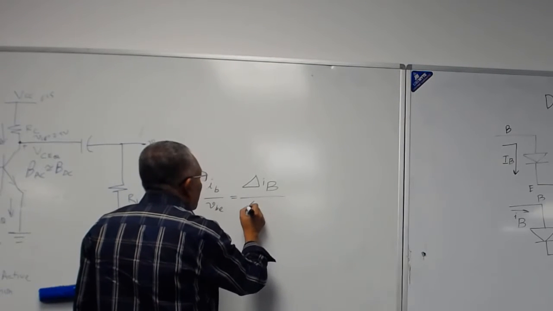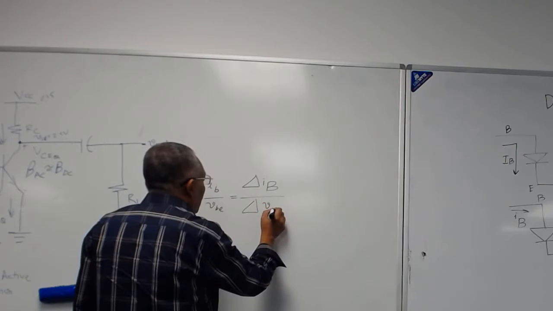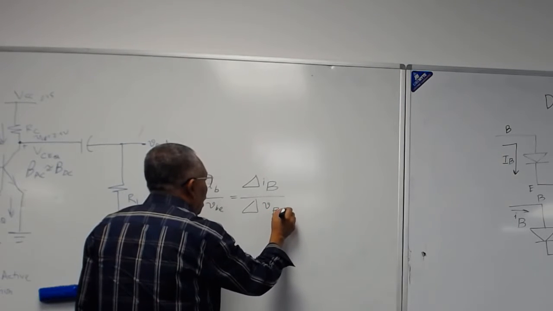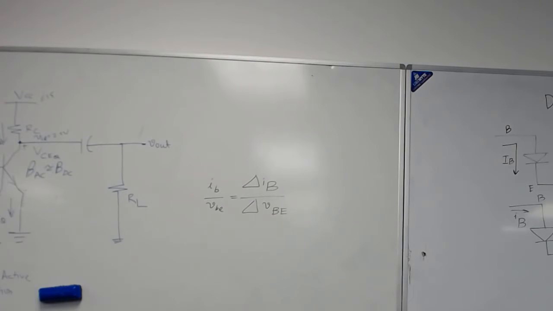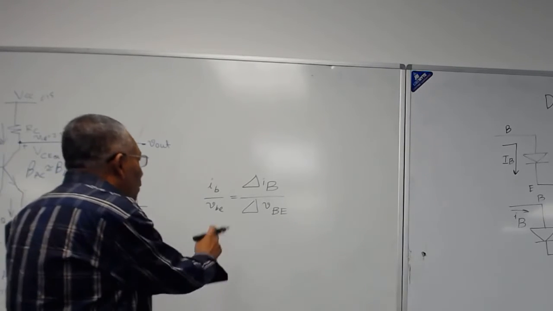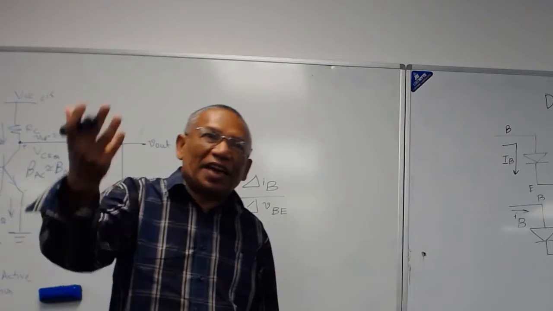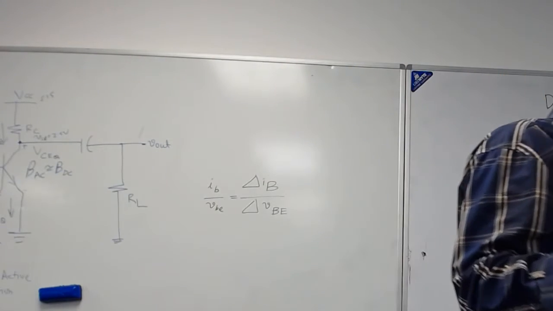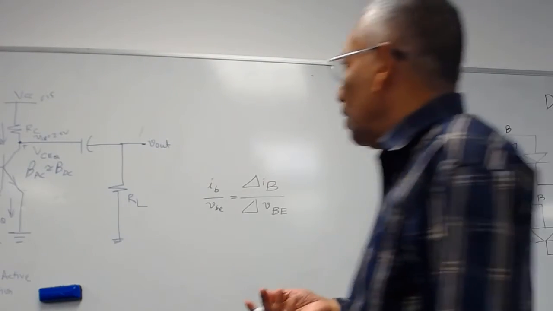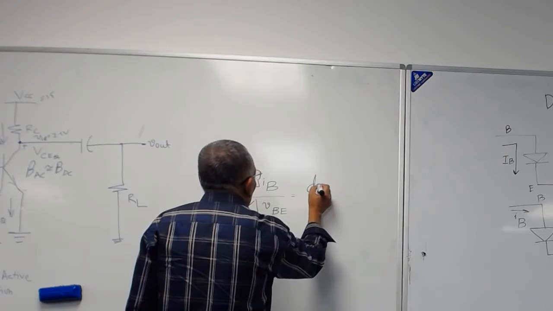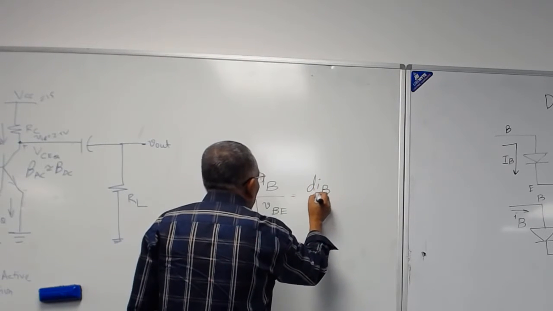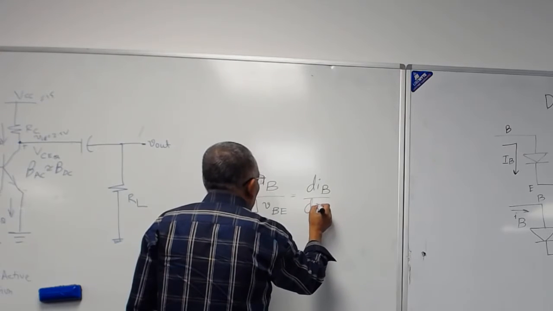The delta in the composite base emitter voltage. Then we can always change the delta into D, differentiation calculus. So we can again write this equal to dIB divided by dVB.